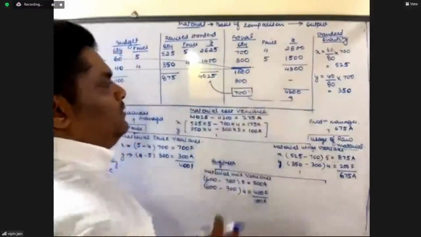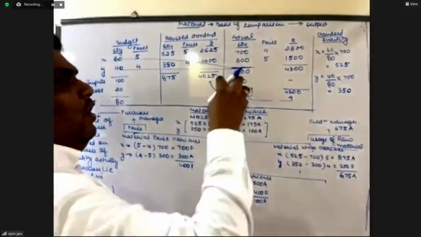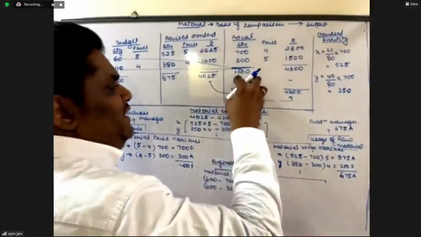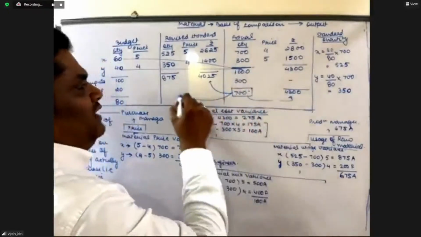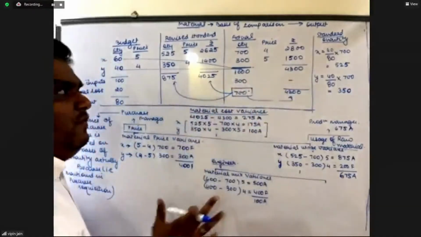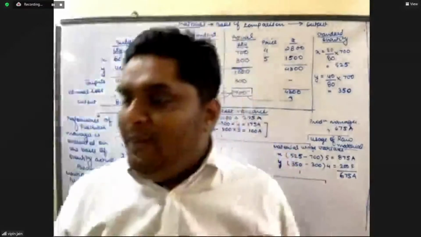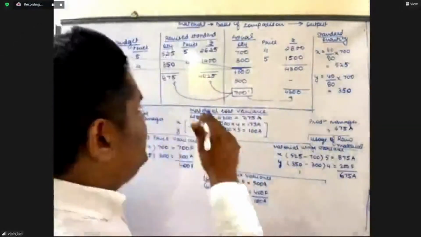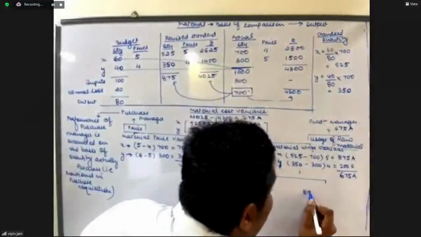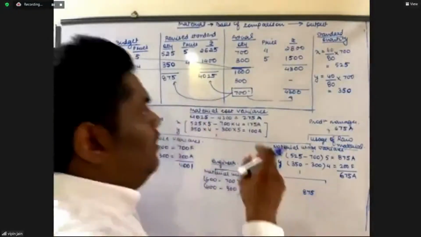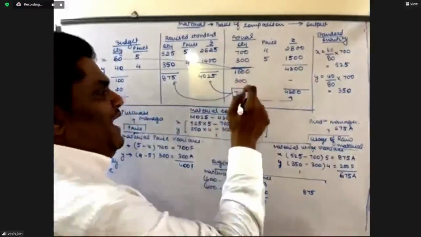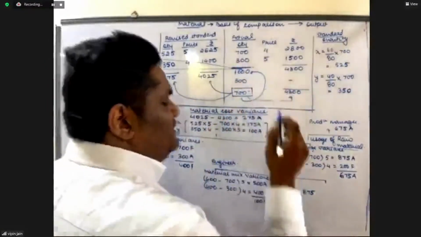Our actual output was 700. This 700 units should be manufactured using 875 kgs of raw material overall. I repeat, this 700 units should be manufactured using 875 kgs of raw material. But to manufacture 700 units, we actually consumed 1000 kgs of raw material.